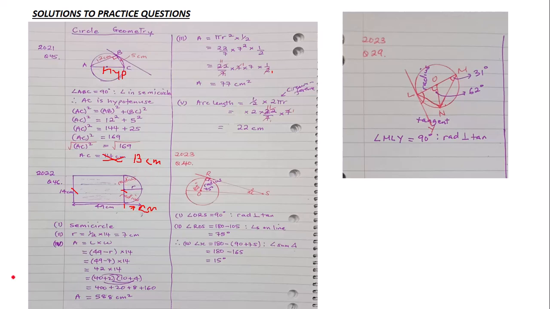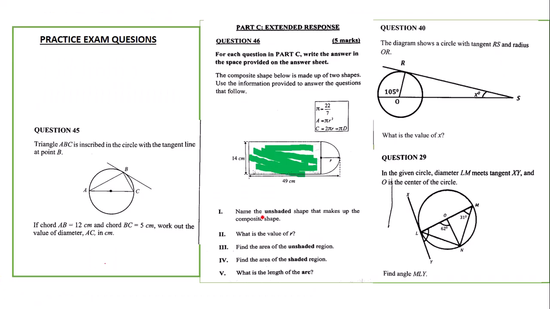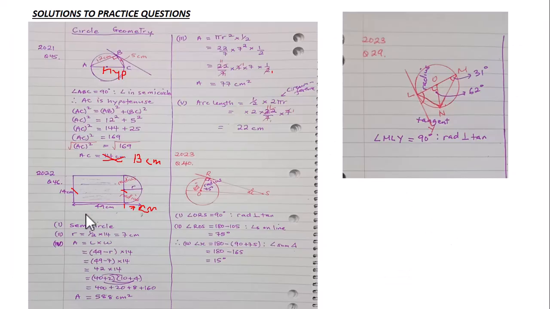And question 4, find the area of the shaded region, which is the rectangle. So, from working out the radius of the circle, we now find out that from this bit to this bit is 7, since it is exactly the same as the radius of the semicircle.